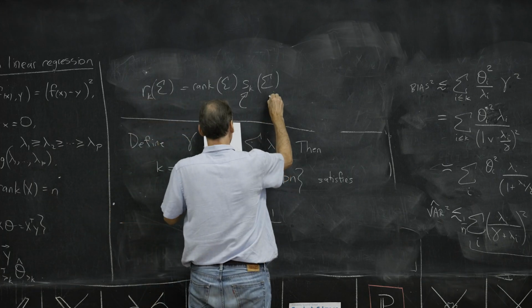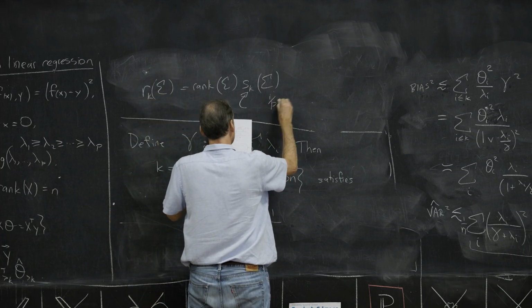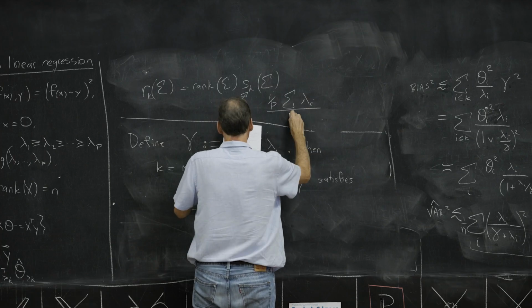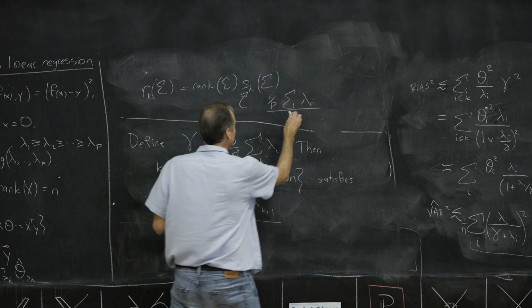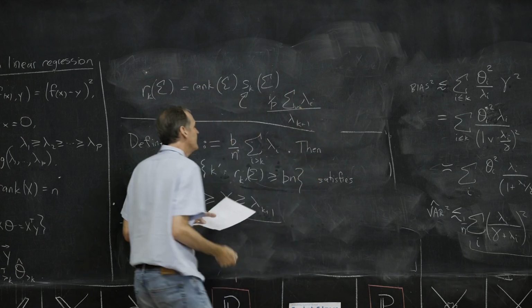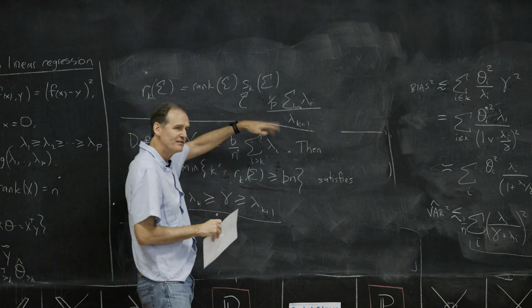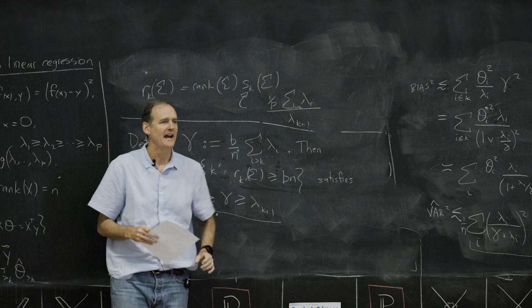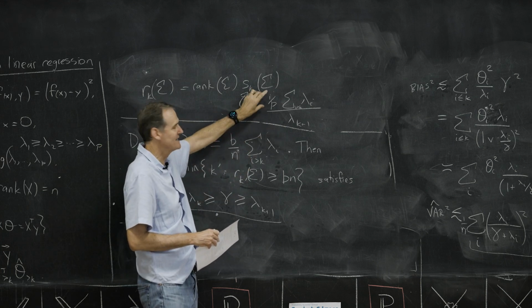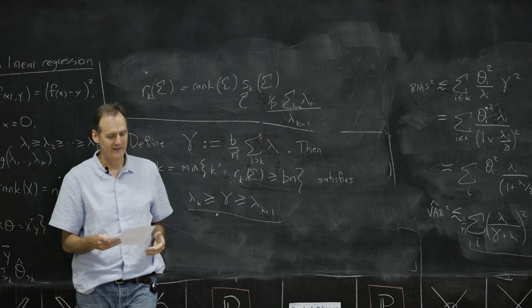I'm just rearranging symbols here, but it's the average of the eigenvalues i greater than k divided by lambda k plus 1. So this is some notion of how lambda k plus 1 compares to the average of everybody out there in the tail.